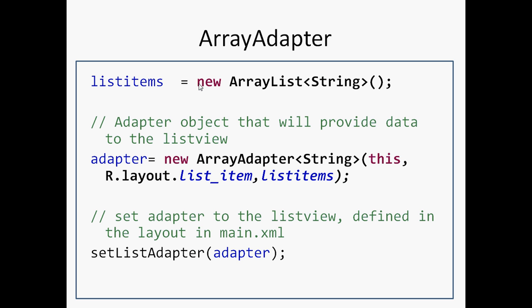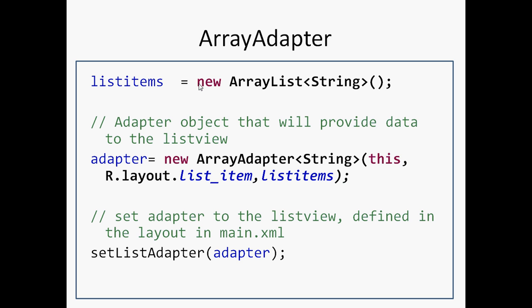So here in the second line you can observe that we have used the array adapter constructor. Inside this constructor we have three parameters. First parameter is the current context of this application. Second parameter is the design for each and every item.